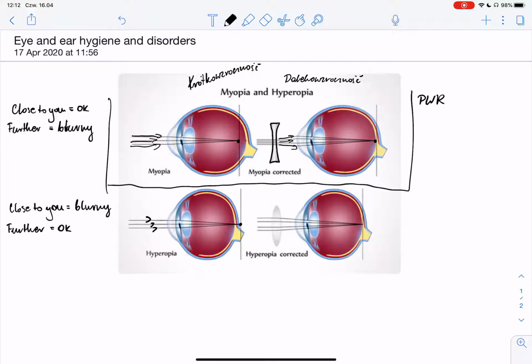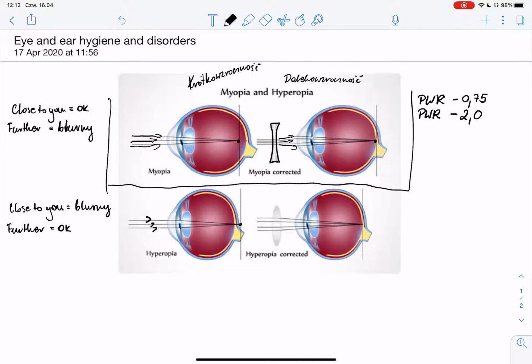So when the doctor prescribes you glasses, on the document they will write down something like this: power for example minus 0.75, or power minus 2.0. The closer the number is to 0, the better you can see.